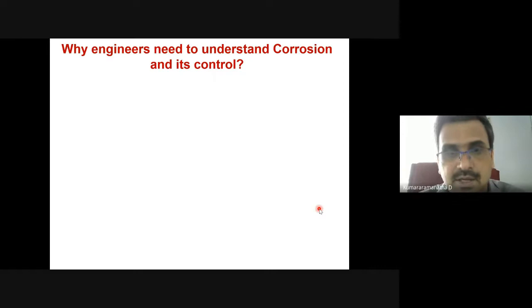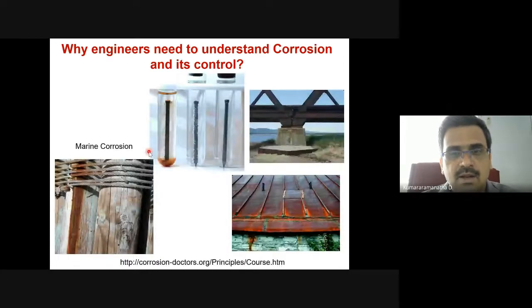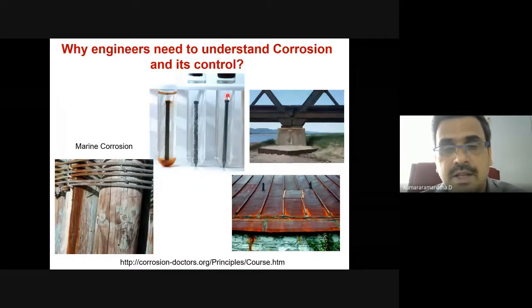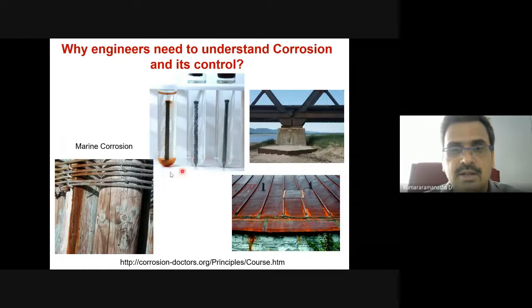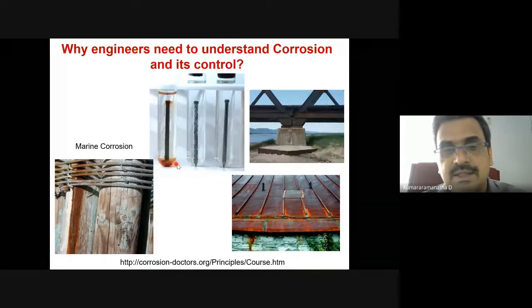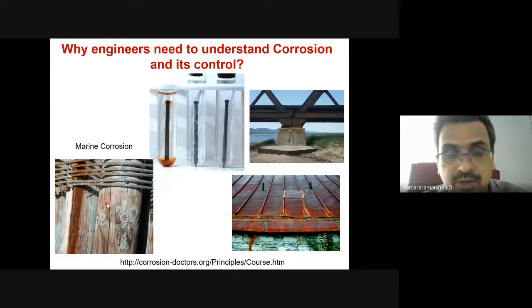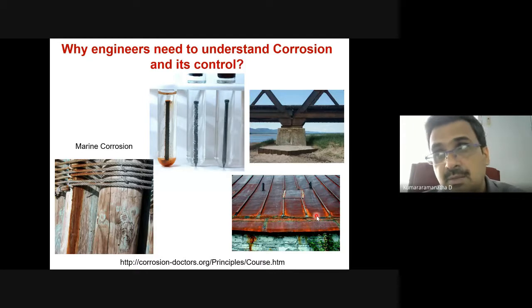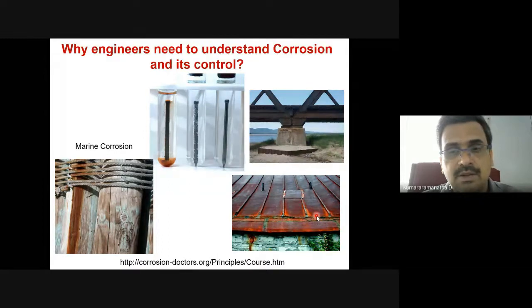I ask especially engineers, because you see it in day-to-day activities. For example, a nail kept in normal water, saline water, and acidic water. You can also have marine-based corrosion. You see wood being corroded under constant water, or the dams or roofs which are placed, they get corroded.